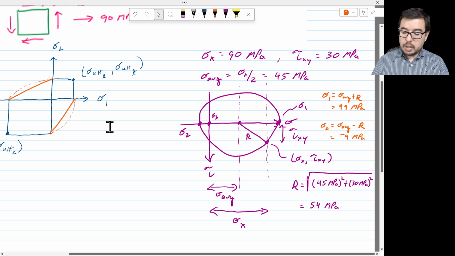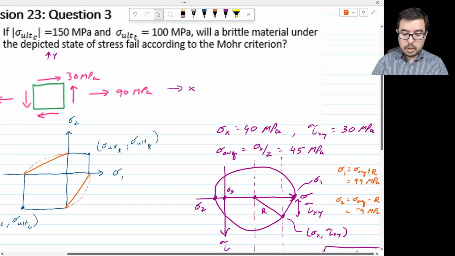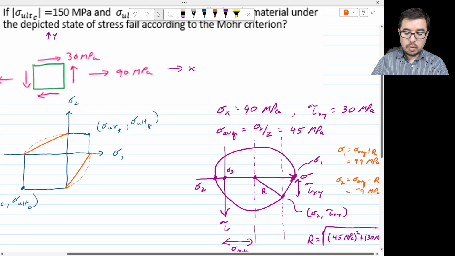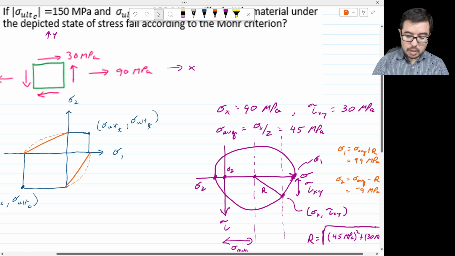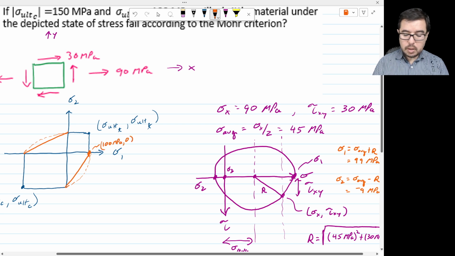And this is maybe not exactly to scale, but let's take a look. We see that sigma ultimate is 100 megapascals. Okay, so this value right here is 100, comma 0, right at this point.